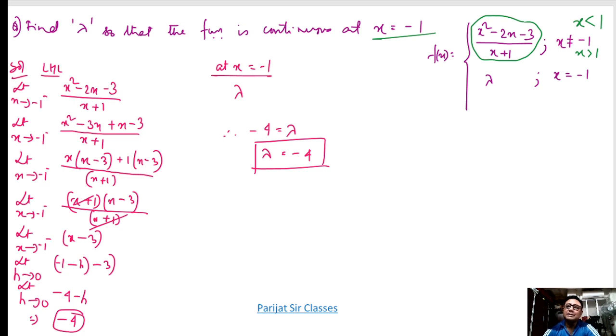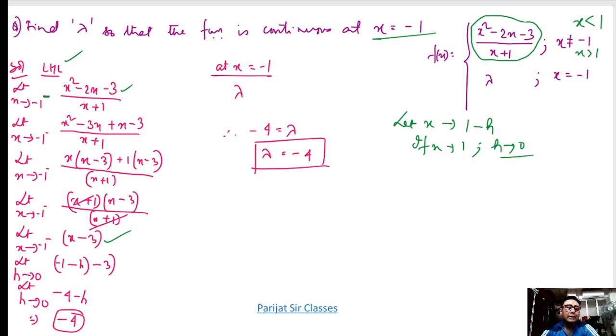So let us test it at left hand limit, x tends to 1 minus. So let x tends to 1 minus h. So if x tends to 1, h tends to 0. So putting this, first let us simplify this. So we are getting this part, this cuts out this.